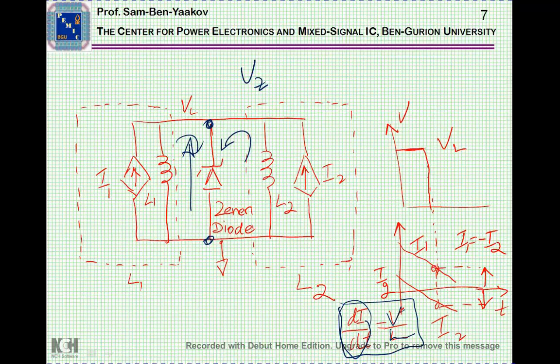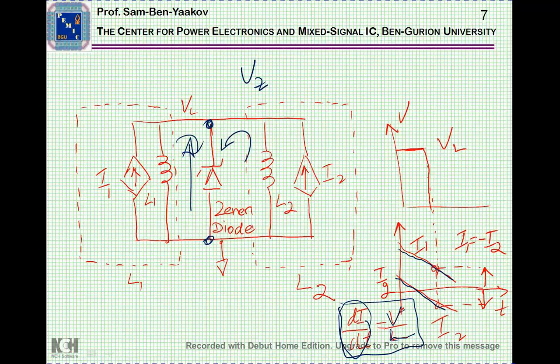Now, the voltage is constant here. For each inductor, the L is constant, so it's going to be a straight line. It's a constant slope. So basically what we are going to see here is that in each inductor, the current will start dropping down, and the same thing will happen in the other inductor.